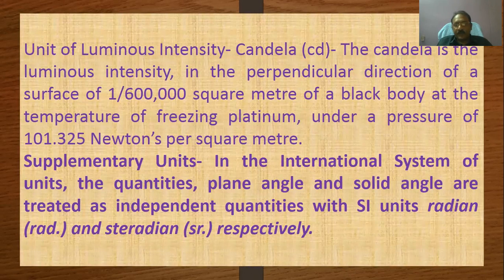Supplementary units. In the international system of units, the quantities we already discussed: areas, volume, plane angle and solid angle. These are supplementary units in the SI system, radian and steradian.